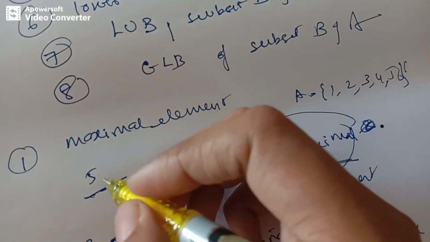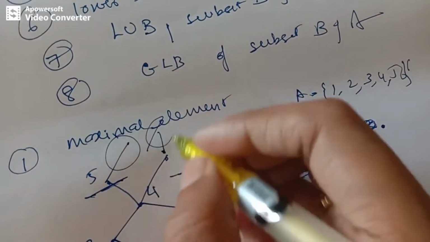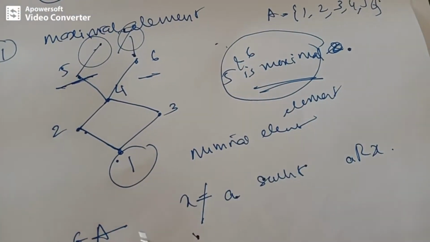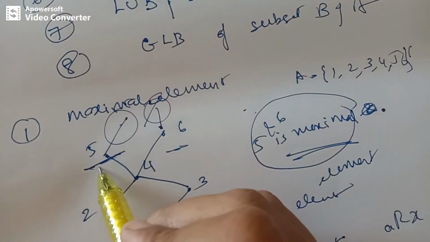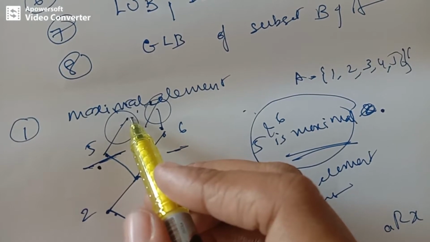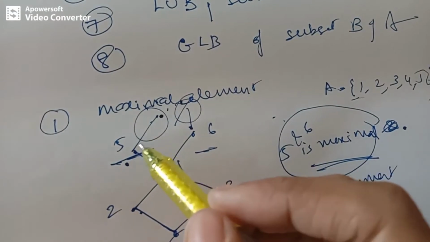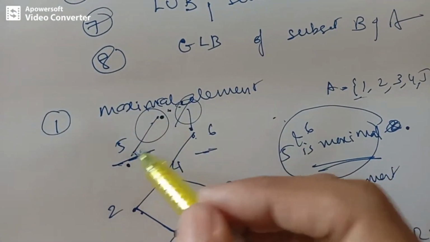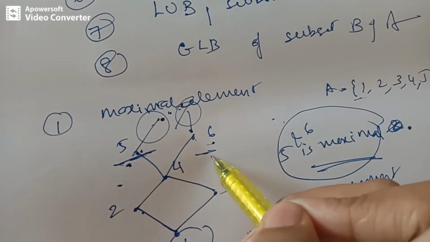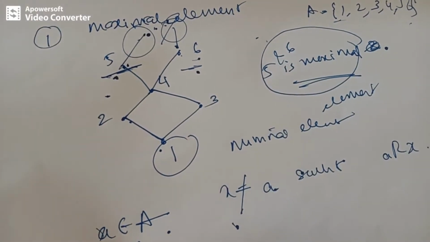That means we do not have any further edges going to any other vertices. That is the meaning of a maximal element. So we find that no edges are coming out of 5 and 6. Therefore 5 and 6 are the maximal elements here.